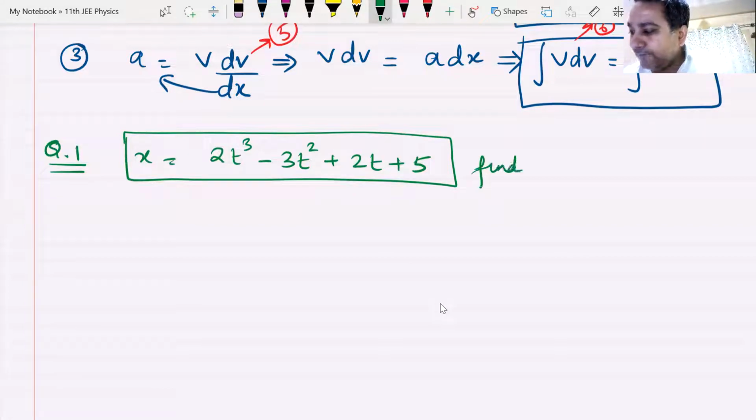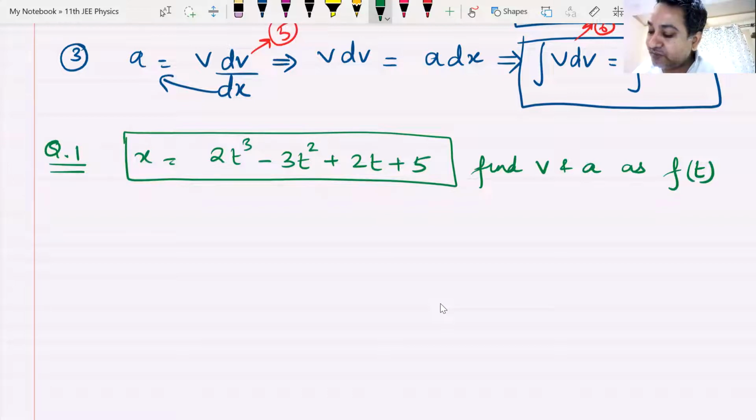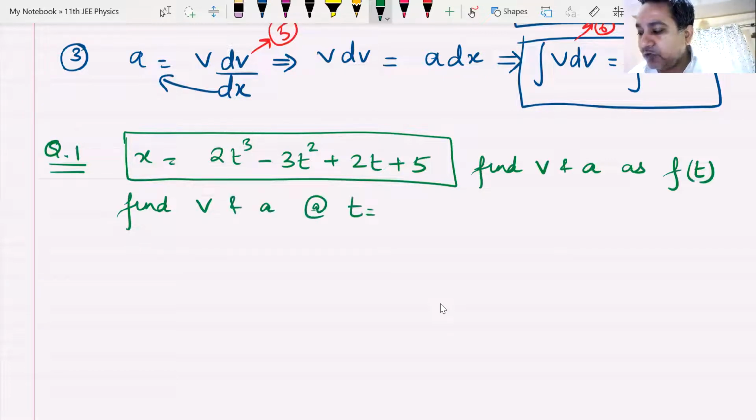You have to find velocity and acceleration as a function of time. That is question number 1. Then question number 2 is find velocity and acceleration at t is equal to 2 seconds. So these are the two questions that I've given.